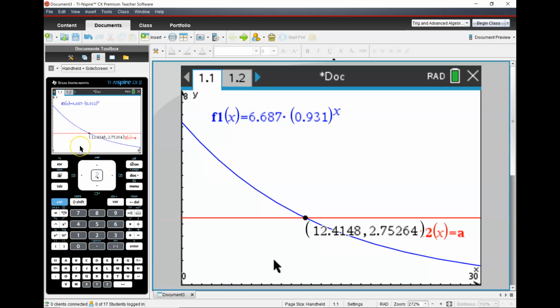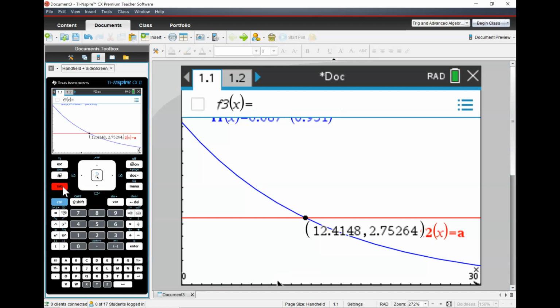You could solve it analytically, but with all the decimals it's messy. So in F3, you want to put that equation: negative 0.0560 times (x minus 30) plus 0.783.